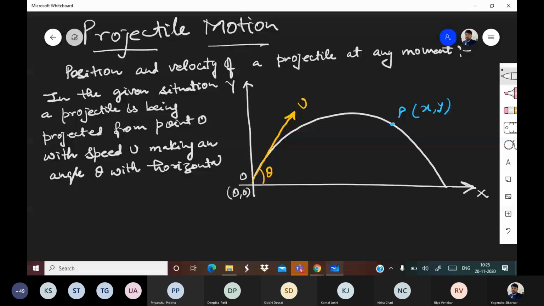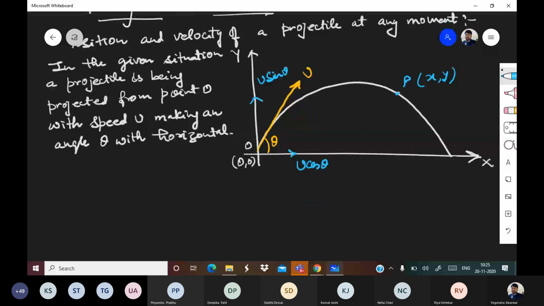Okay. Now see, along x-axis, the component of u will be u cos theta. Correct? Along y-axis, component of u will be u sin theta. Okay. And after that, we'll discuss further.